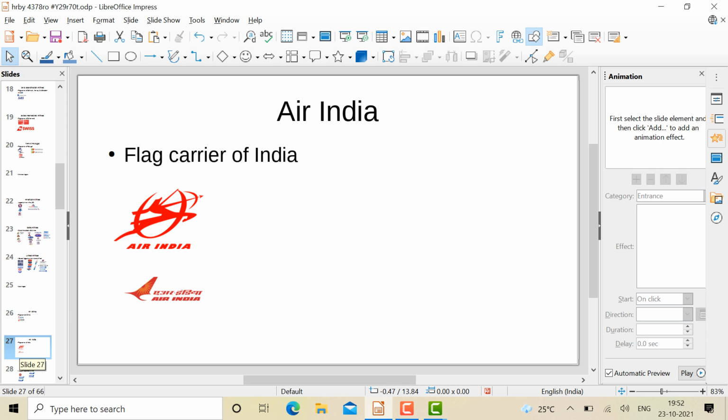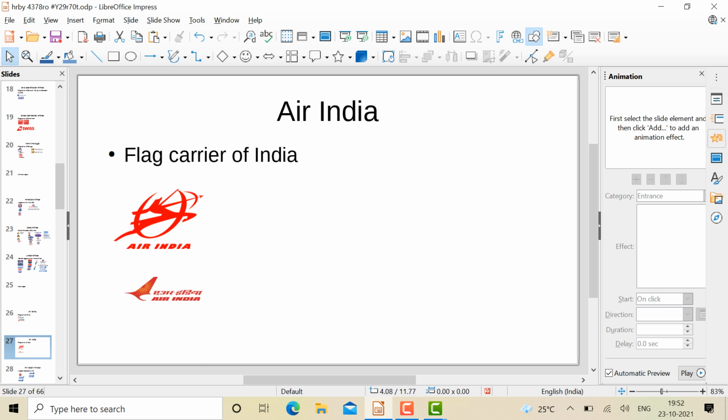And then we move on to Air India, which is the flag carrier of India. Air India's first logo was a man shooting a bow and arrow, with the name Air India written below it.